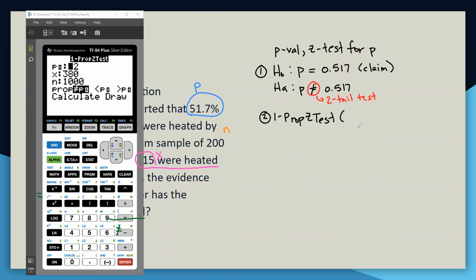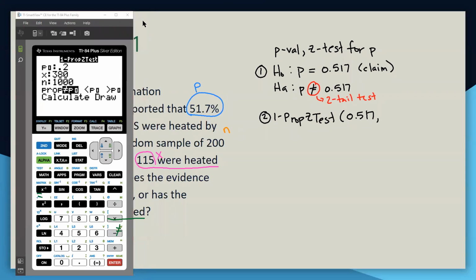The first thing it asks me for is that proportion value in our hypotheses: 0.517. It then asks for X. Let me scoot this over a little bit. We can see X is 115. And it asks for N, which we know is 200.